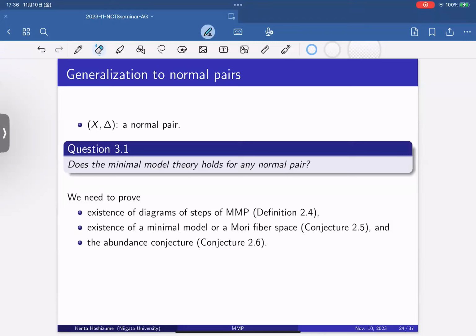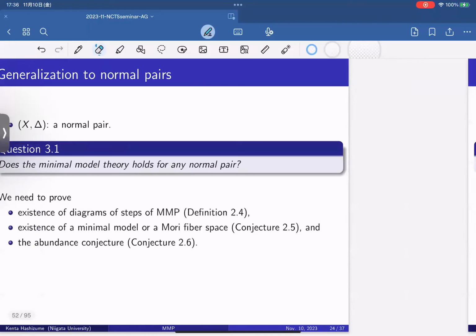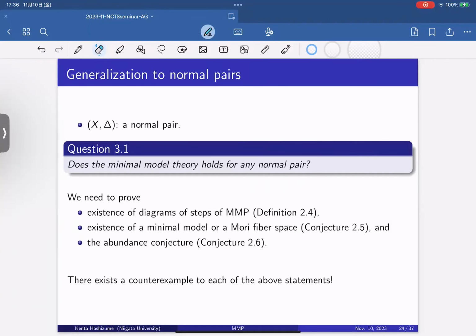These three statements are the goals for the minimal model theory for normal pairs. However, unfortunately, there exist counterexamples to each of the statements, so all these statements are not true in general.